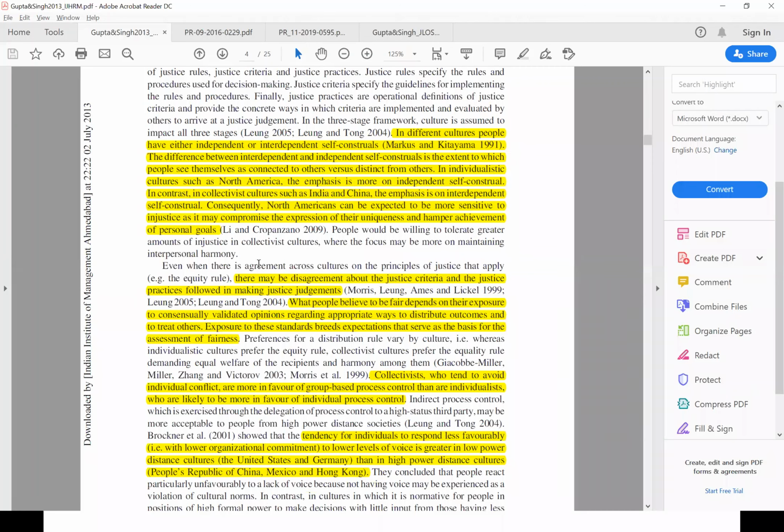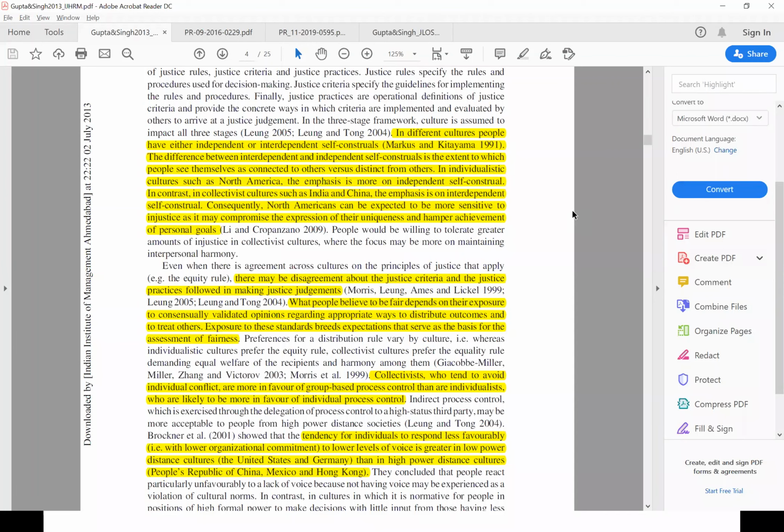So I have a question. Yes, can I ask? Yes, please. In that yellow marked area, you have mentioned that in different cultures, Markus and Kitayama, 1991. But thereafter, for 3-4 lines, the difference up to before the "consequently" line, on self-construal, there is no mention of a reference. Is it your view, or is it Lee and Cropanzano 2009?